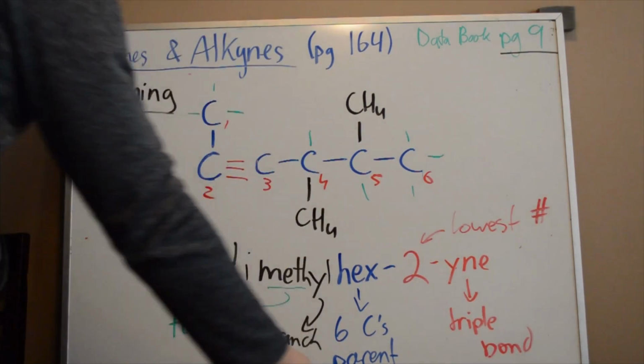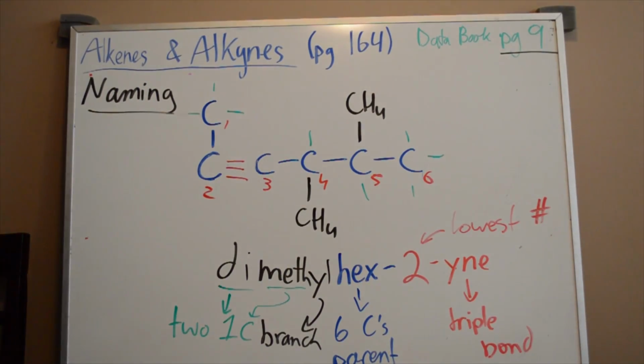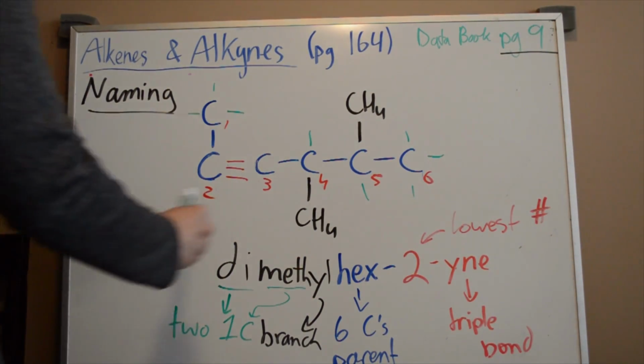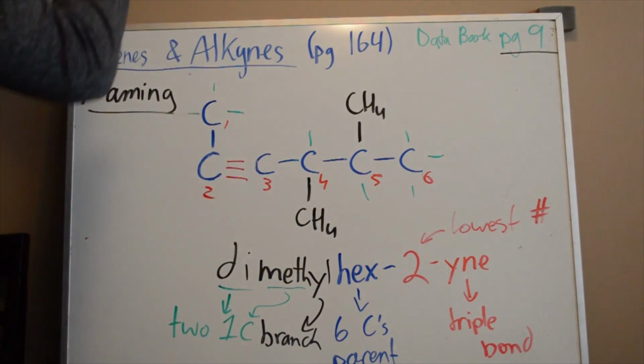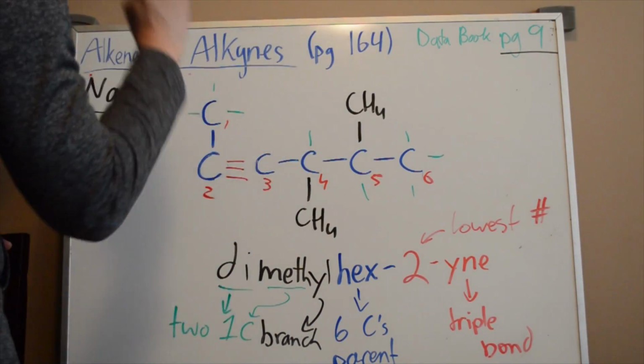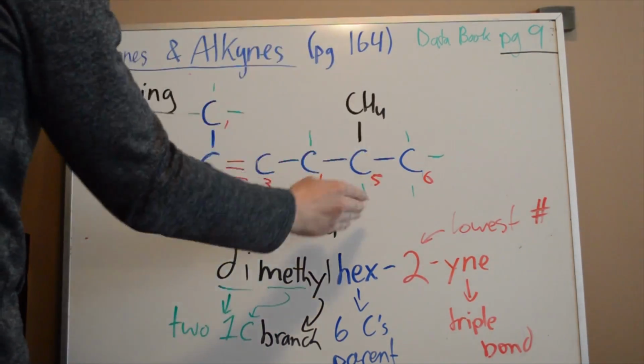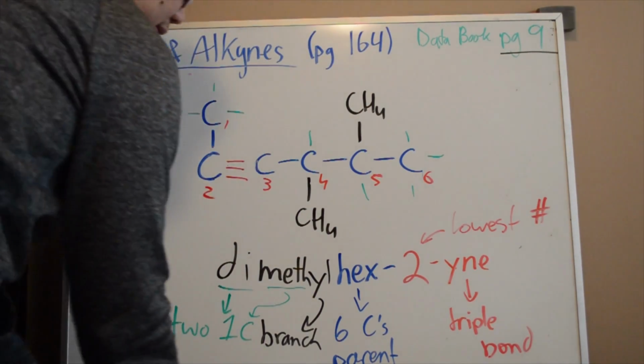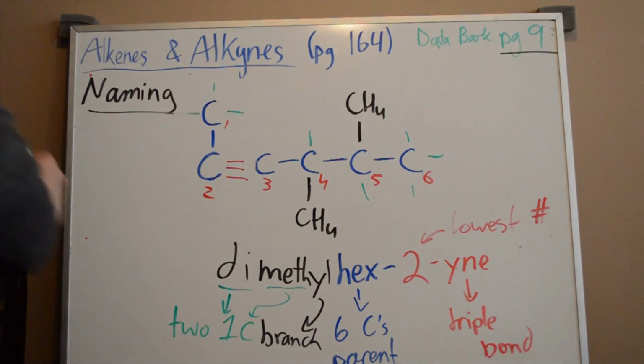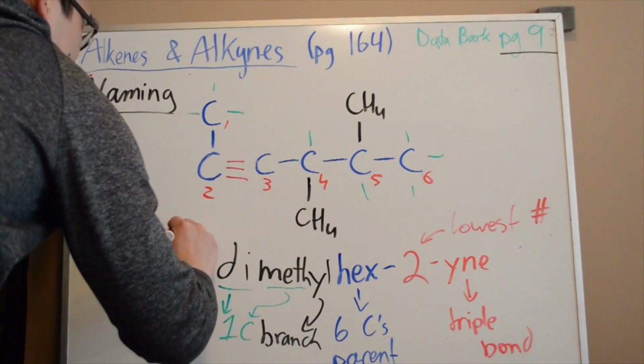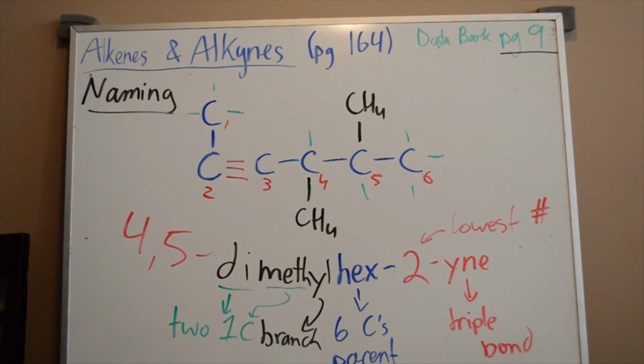Well, if we remember that we need to have the lowest number possible for the triple bond because it's more important than having the lowest number for the branches, we are going to stick with this numbering scheme, and we're going to go like this. It's on the 4th and 5th carbon. So then we would just go like this. This would be 4,5-dimethylhex-2-yne.